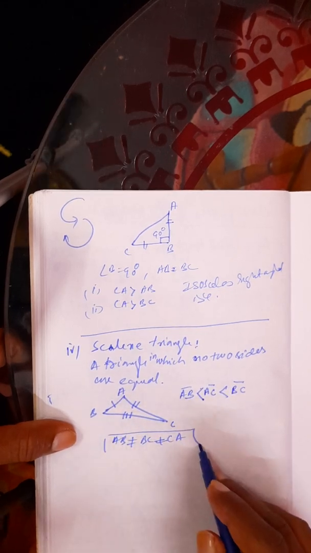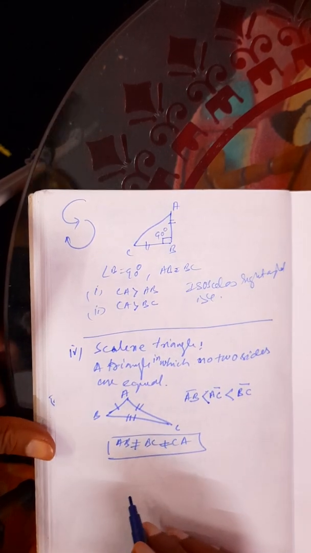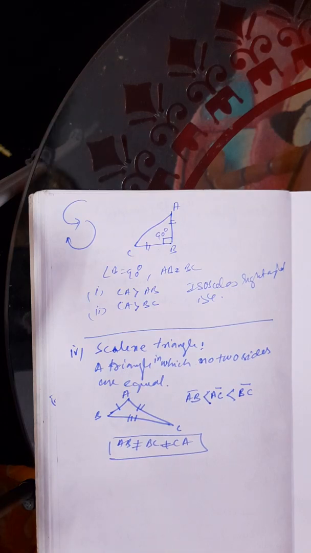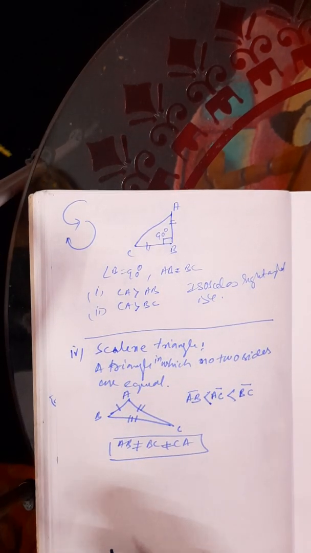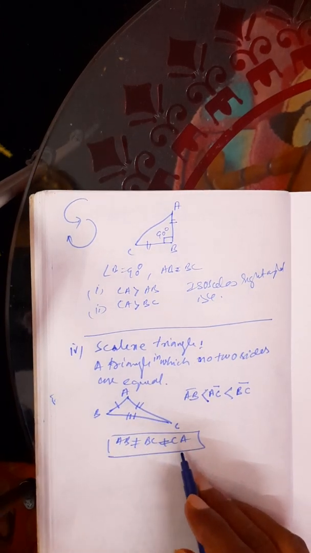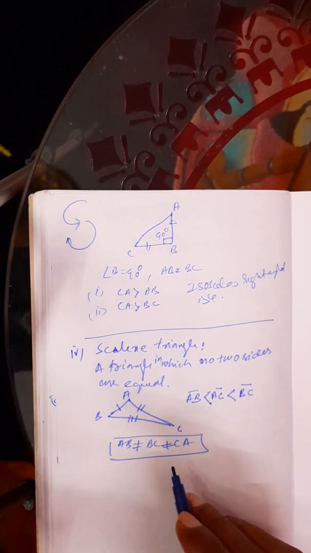All are different. No two are the same. If two are the same, it is isosceles. No two are the same means scalene triangle. All are different angles, different sides. That's why it is called a scalene triangle.